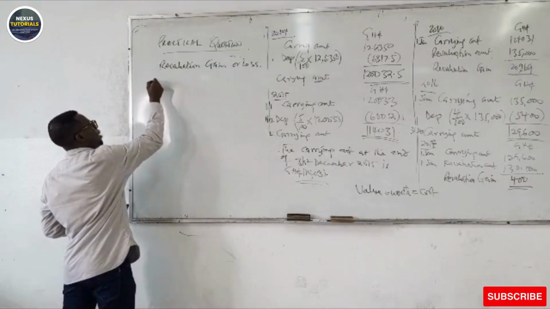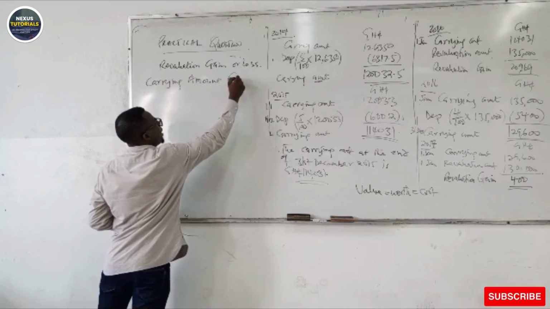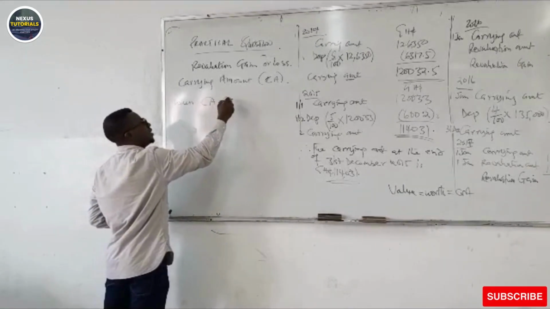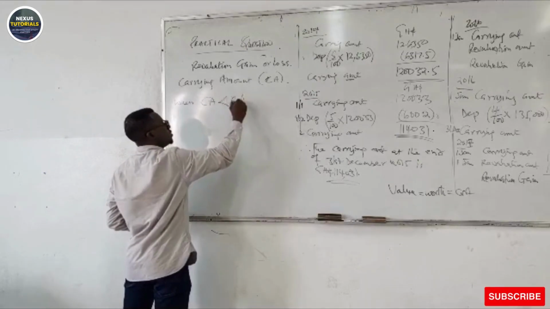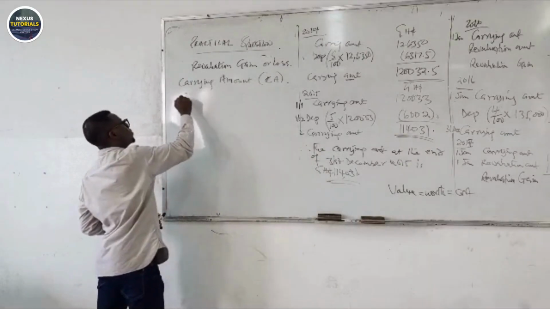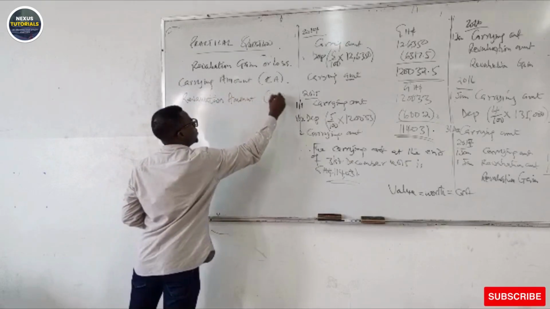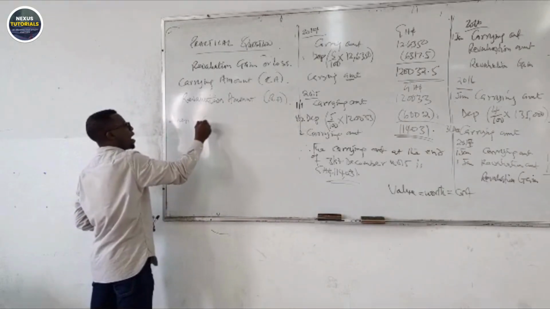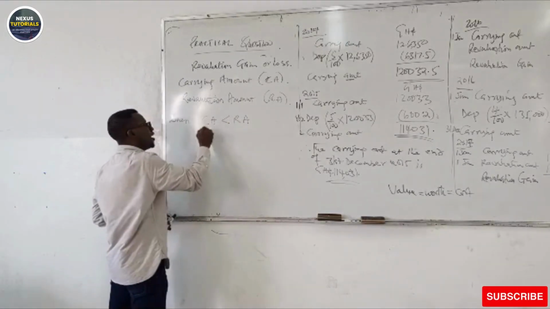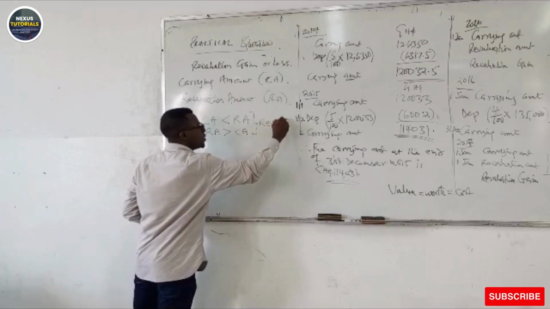When the current amount, let me use CA for the current amount, is less than the revaluation amount, or when the revaluation amount is greater than the current amount, all this gives you what is called a revaluation gain.